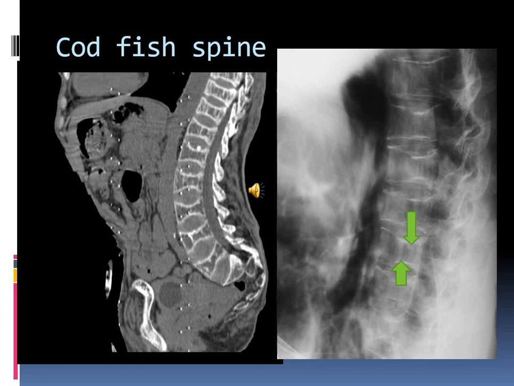Normally it should be rectangular in appearance, while here we can see a concavity in the upper end plate and in the lower end plate, as demarcated by the green arrows, and this makes the disc space in between the vertebrae look larger than it is. So this is the diagnosis of codfish spine radiology.